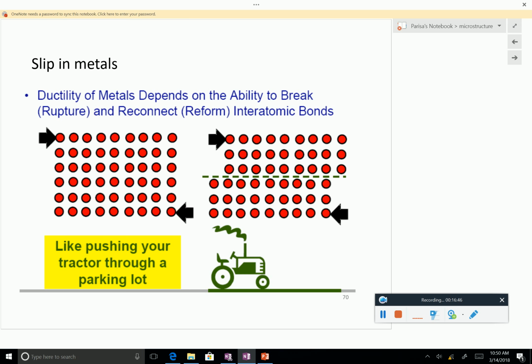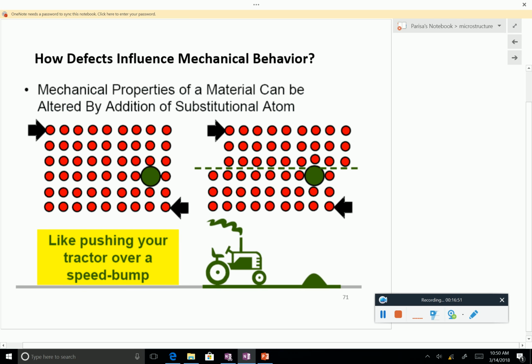Now, imagine that you have some point defects. I call them defects, but this is like alloying. You have added carbon to iron to make a steel. So the crystalline structure is not as uniform as before. You have some other atom here. It turns out that when you shear the material, it's not as easy for it to rupture. So alloying makes the material stronger but less ductile.